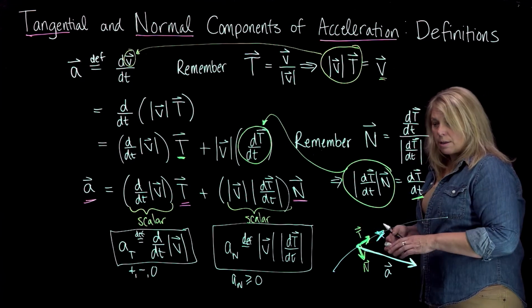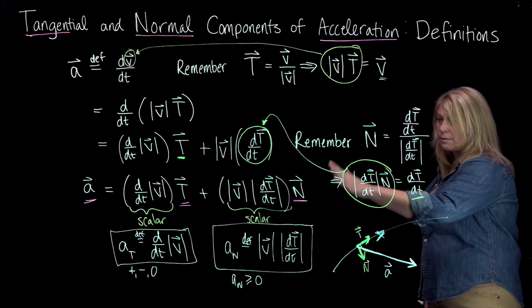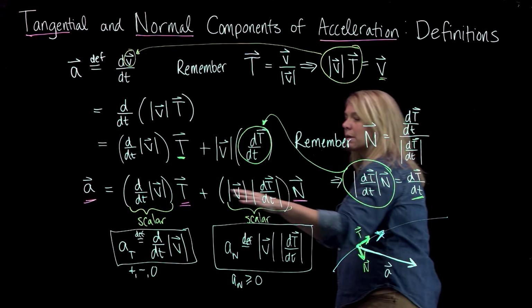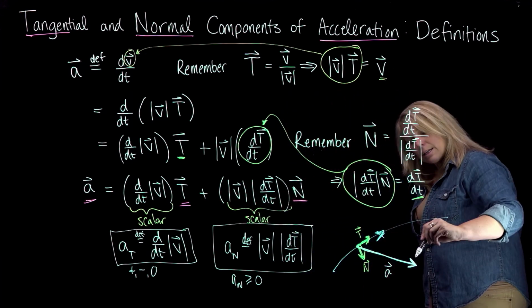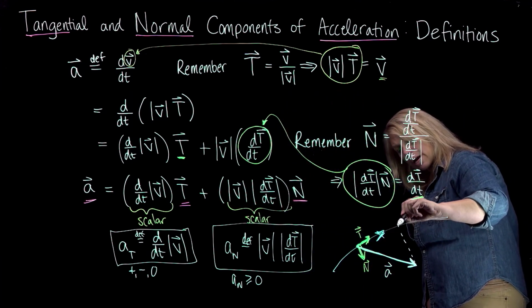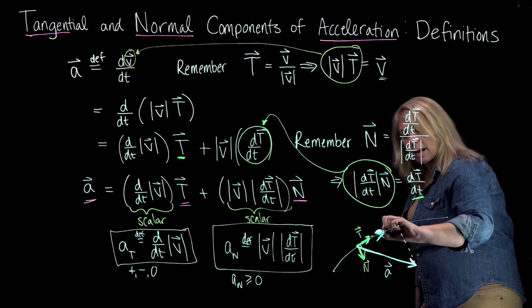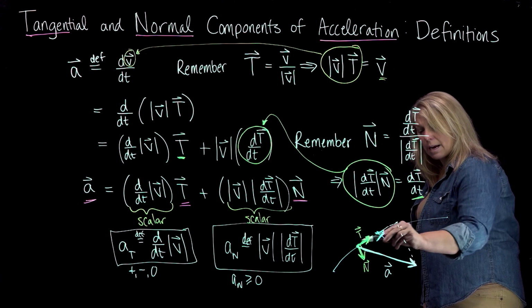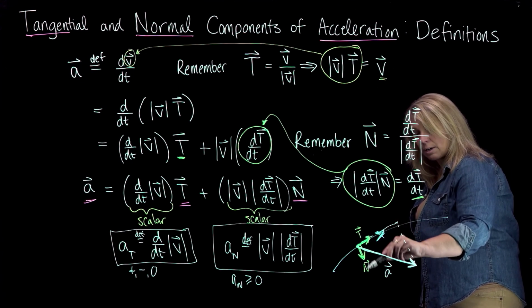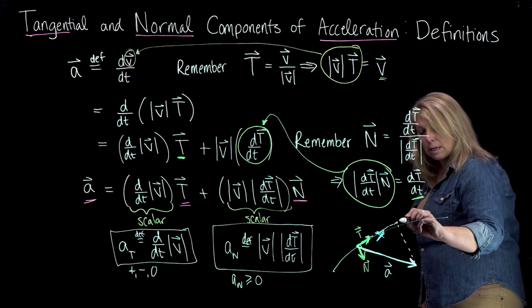The idea here is that we've done this when we looked at vectors and decomposed a vector into a sum of scalar multiples of 2 other vectors. Essentially what we're looking at is a projection of this acceleration vector along the T vector, and a projection of that acceleration vector along the N vector, which would be here or also here.